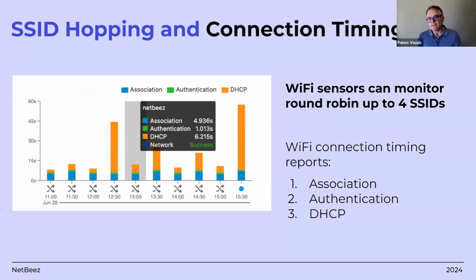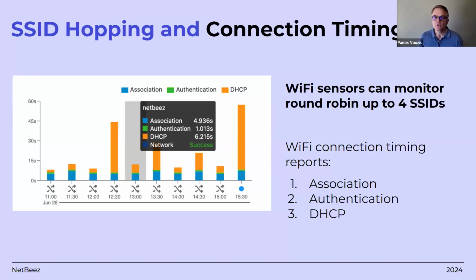Because you may know that, for example, once a client establishes a connection with the network, even if you run out of DHCP addresses in your pool, you won't know that until you try to disconnect and reconnect. So we give you the ability to go through the full cycle every 15 minutes, 30 minutes, you can choose the time period.